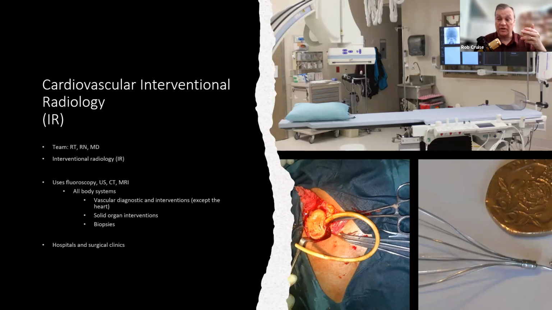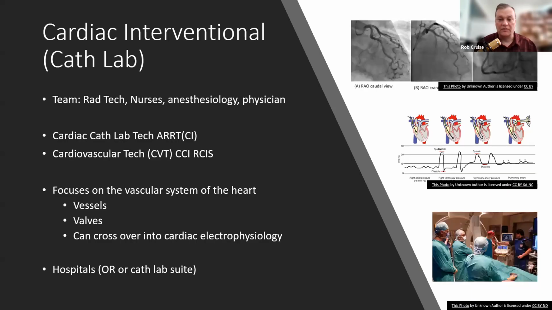There's a superior vena cava as well, the SVC, and that is carrying blood back to the heart, but it sits above the heart, so that's superior. All right, so here is a tube that they're putting in. Okay. So hospitals and surgical clinics will have these professionals in them.